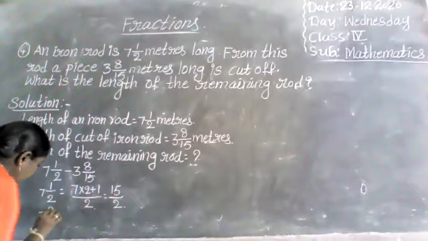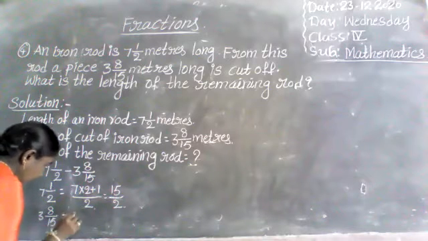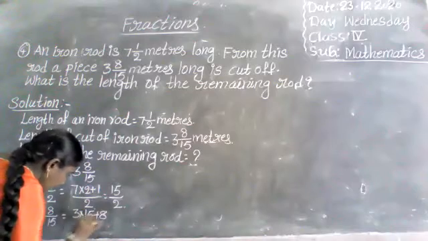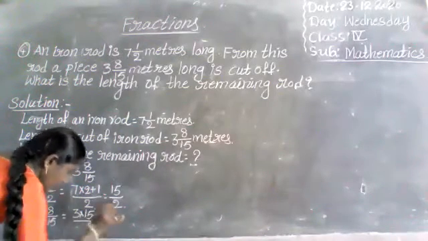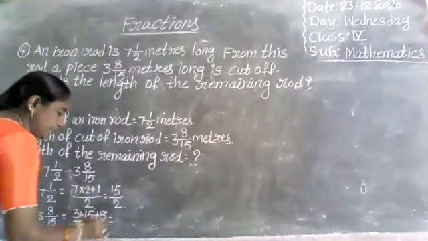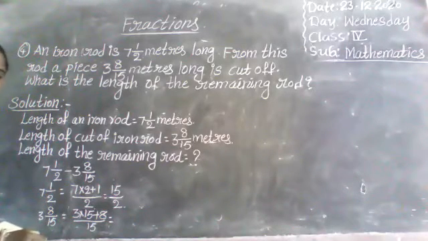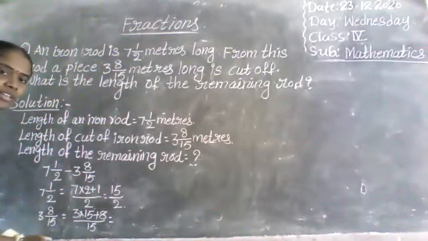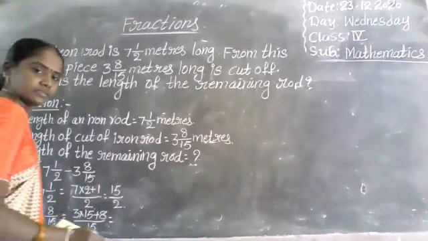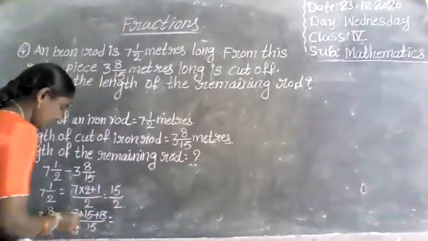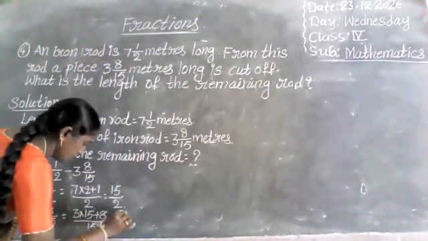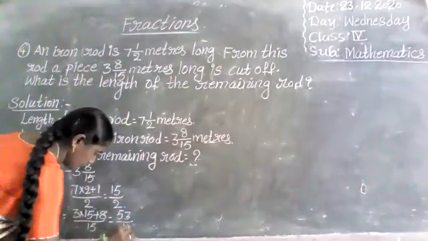Okay, same. Next fraction also change into improper fraction. 3 whole 8/15 is 3 into 15 plus 8 over 15. 15 3s are 45. 45 plus 8, 53. 53/15.